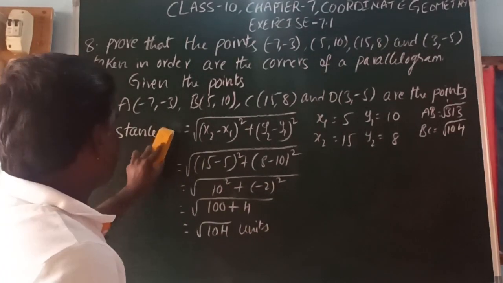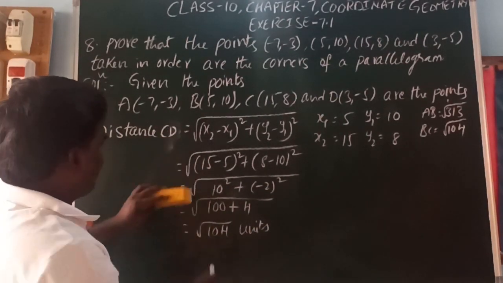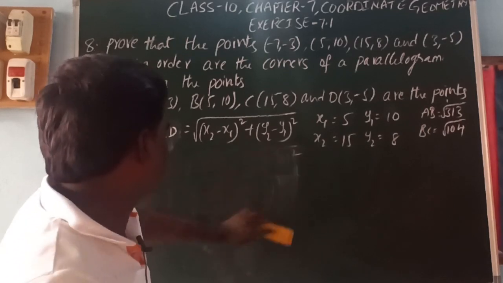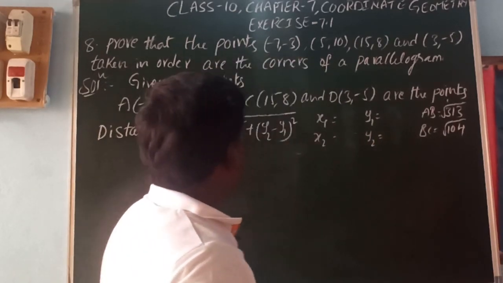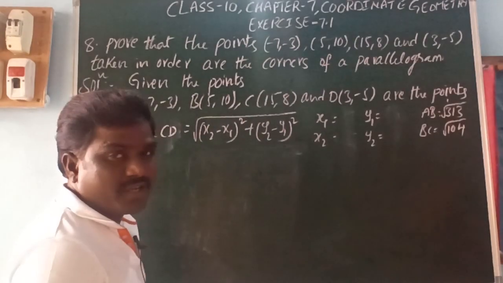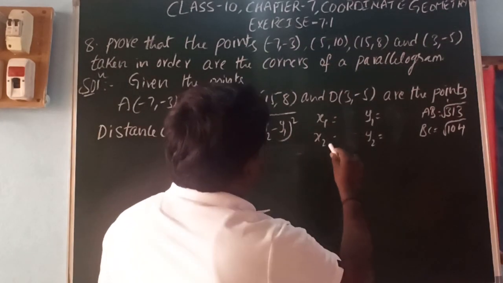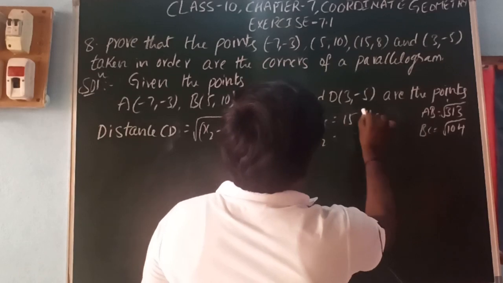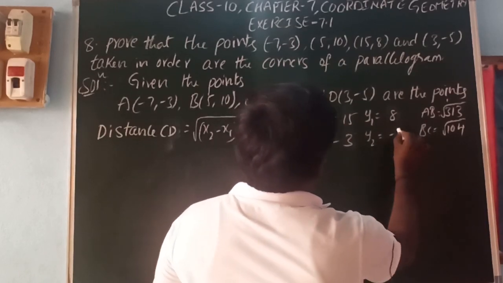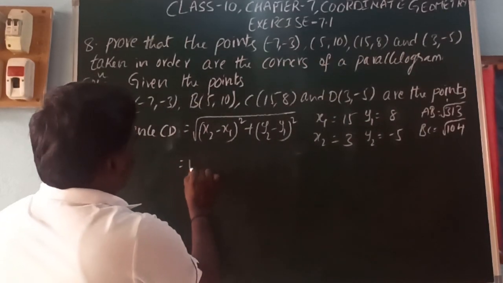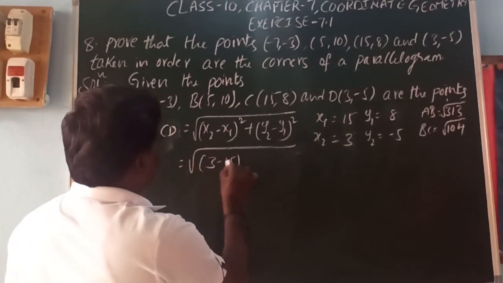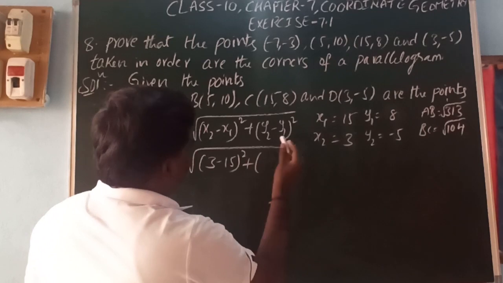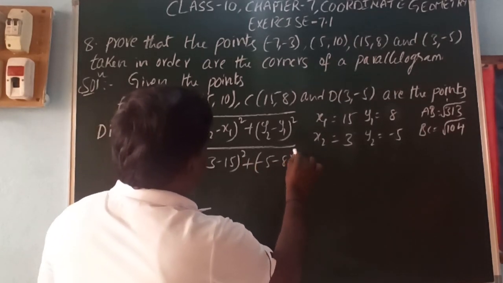Next, the distance CD. C point is (15, 8), D point is (3, -5). So the square root of (3 minus 15) whole square plus (-5 minus 8) whole square.